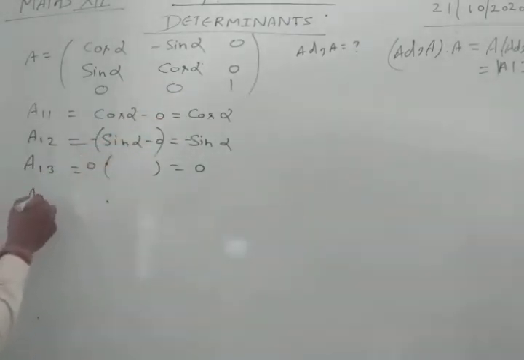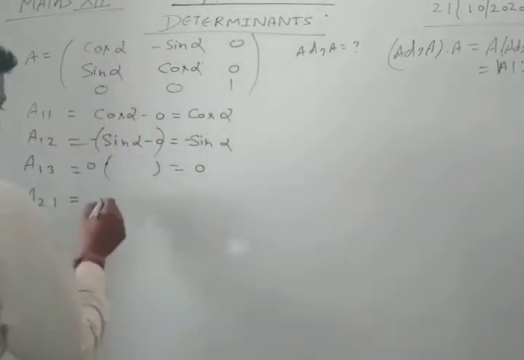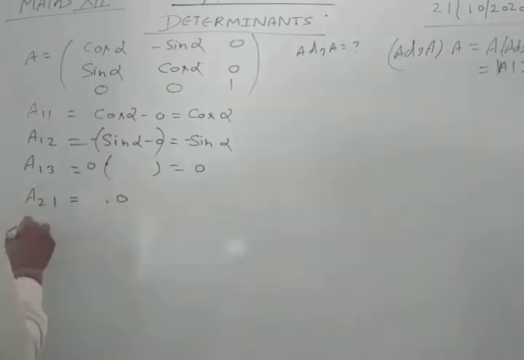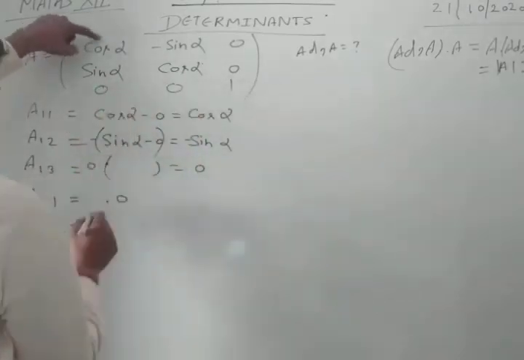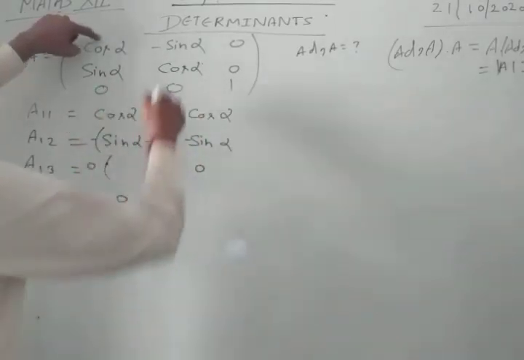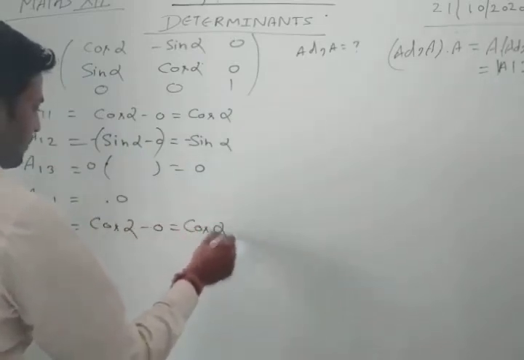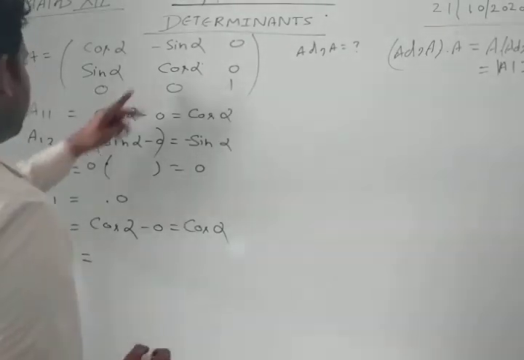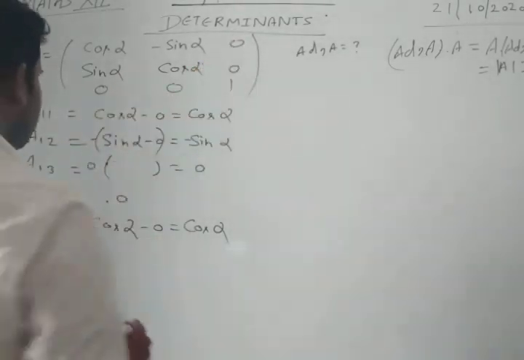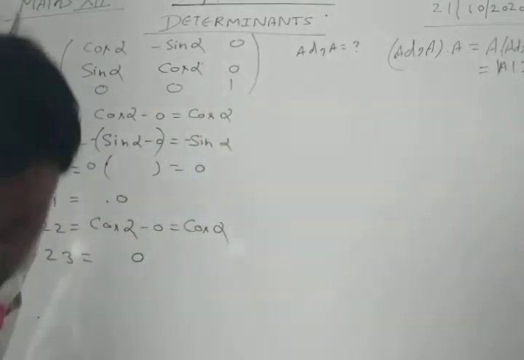Now A21 is 0 minus 0, so this is 0. A22: this is 0, this is 0, so cos alpha minus 0, this is cos alpha. A23 is 0, so the whole quantity is 0.